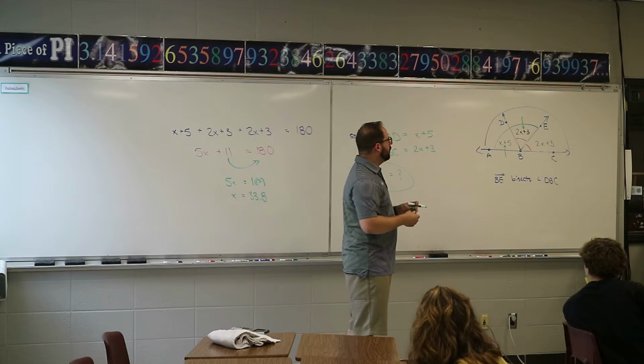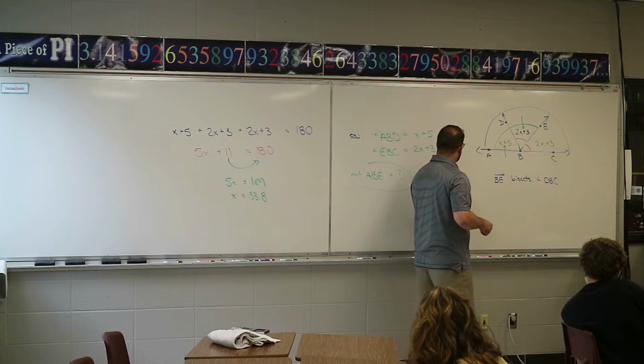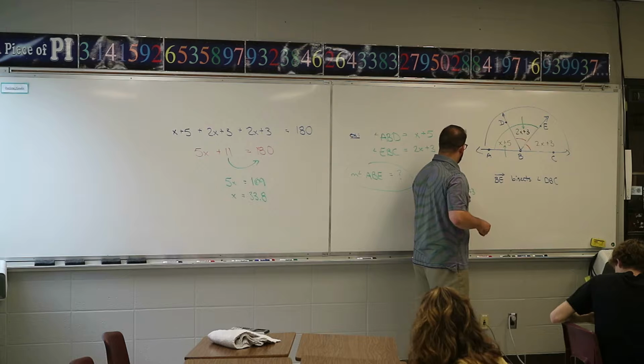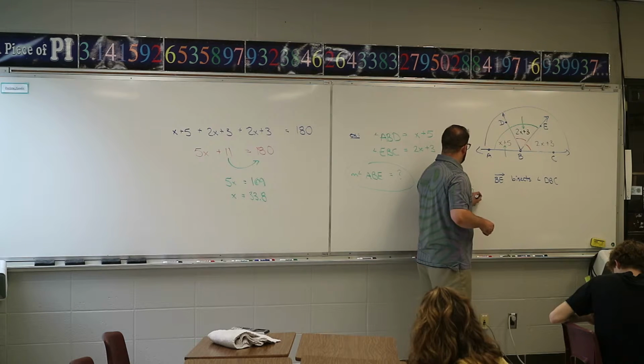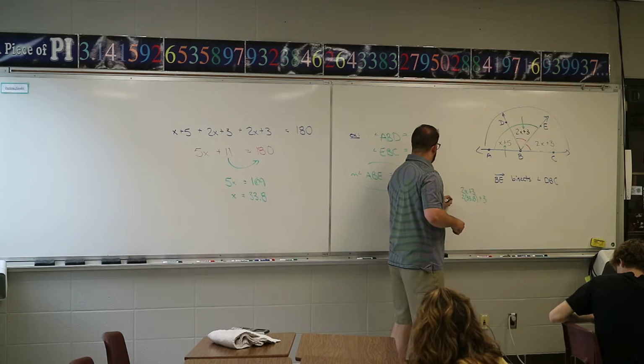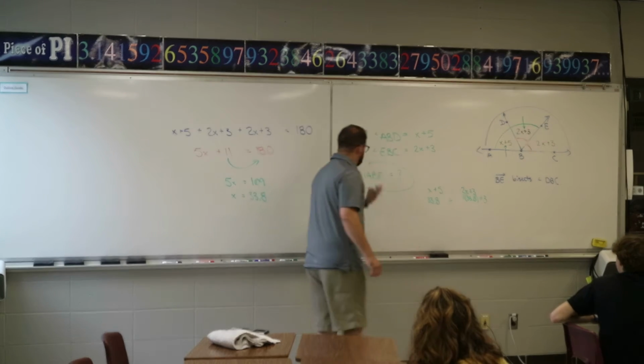So I have to do both. So that's x plus 5 and the 2x plus 3. I have to plug my 33.8 in there so that way I can add these together. Because if I add those two angles together, that'll make my total ABE. That's what that question's asking for.